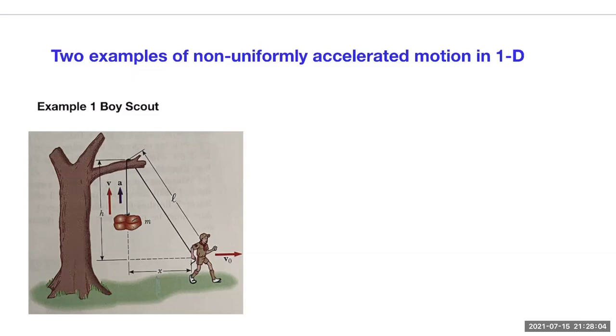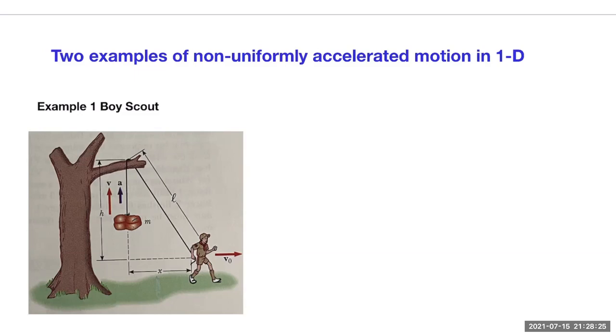Now, strictly speaking, this is a two-dimensional problem, but we can think of it as two related one-dimensional problems. One is the motion of the Boy Scout horizontally. The other is the motion of the package going up vertically. Each is a one-dimensional motion, and they are interconnected. Now, here's the thing you have to be careful about.